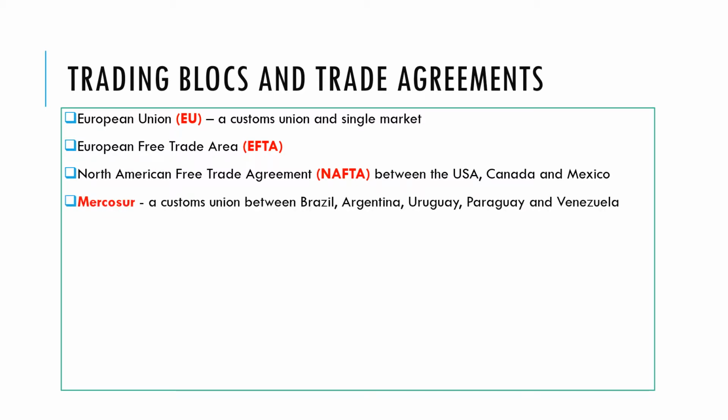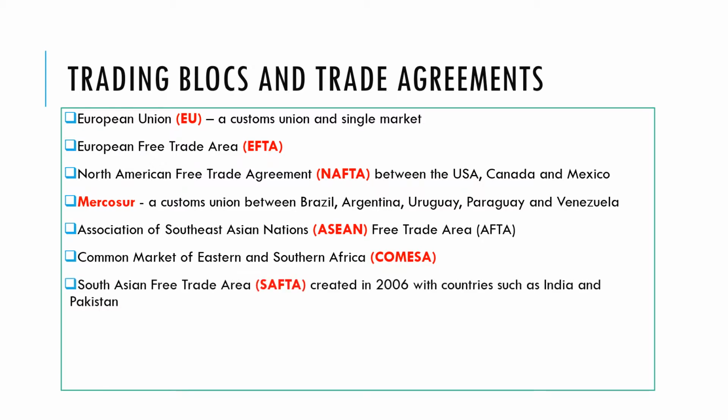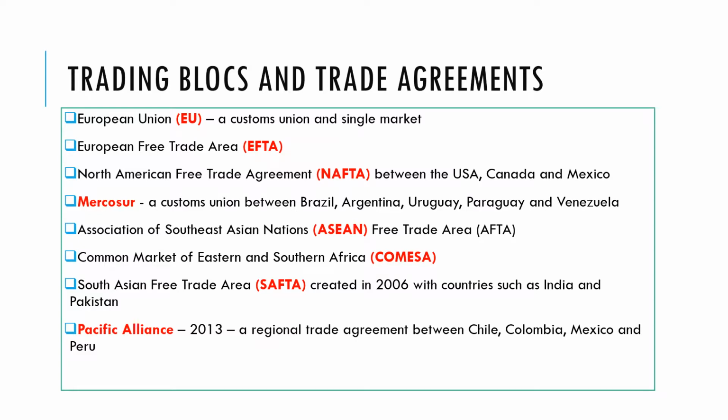There is one in South America called Mercosur. There's one in Southeast Asia. We've got them in Southern Africa, South Asia, Central America around the Pacific, and then lastly in the Caribbean. And these range from free trade areas to customs unions to common markets.